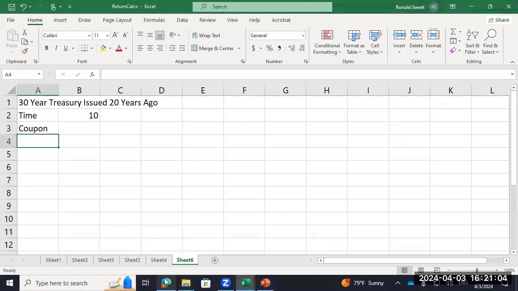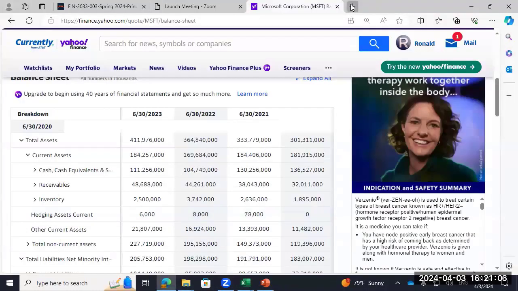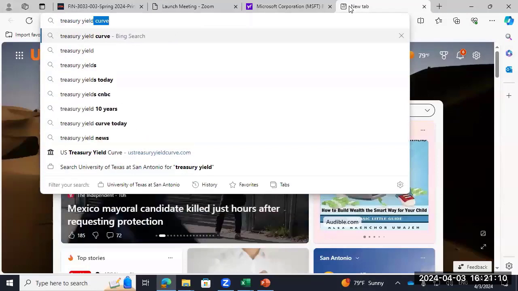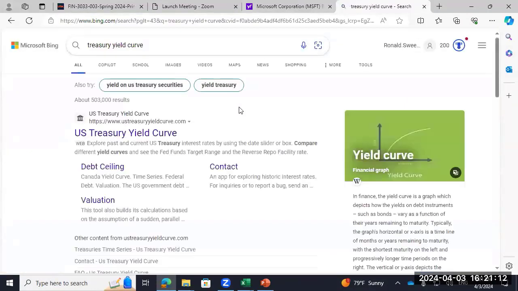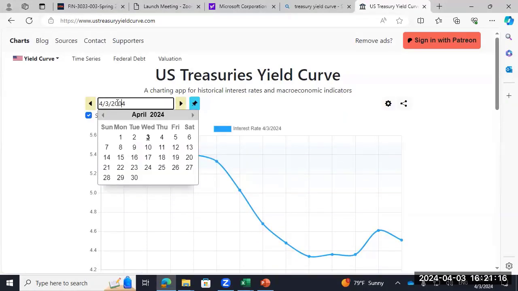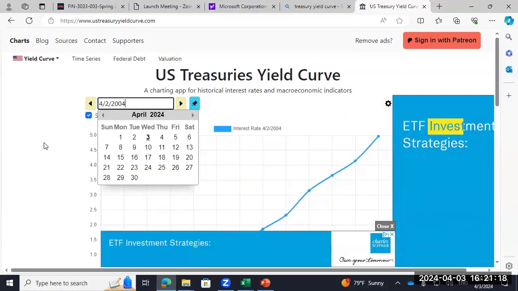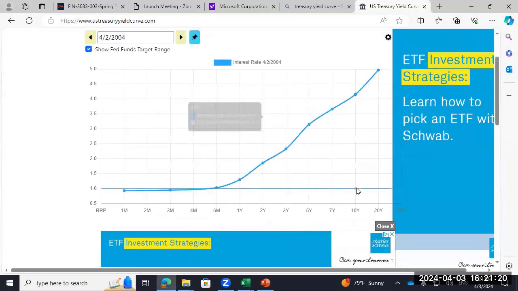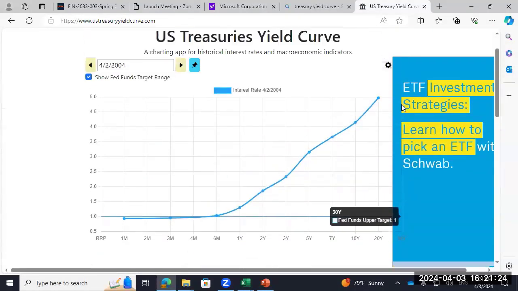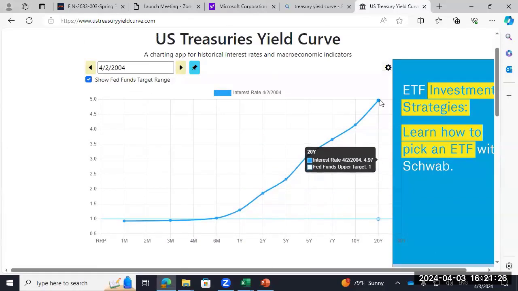Let's see if we can find the coupon from 20 years ago. Should be easy. So 20 years ago, the 30-year, you can barely see the 30-year. We'll just have to go here, 497.